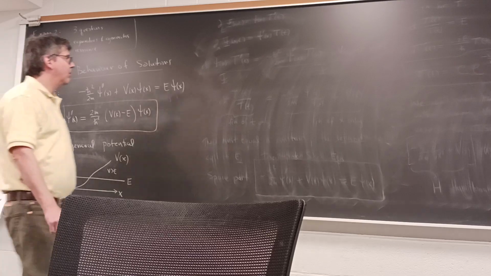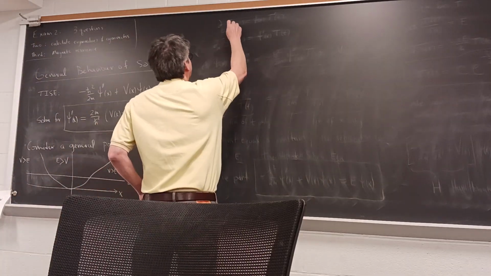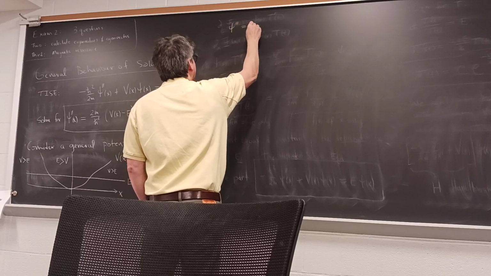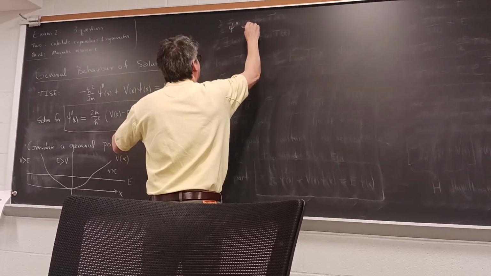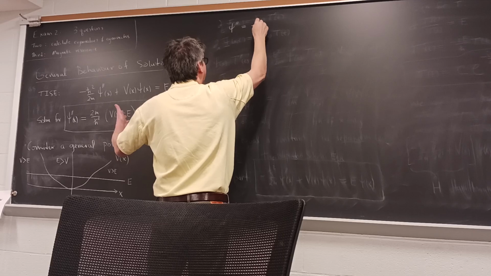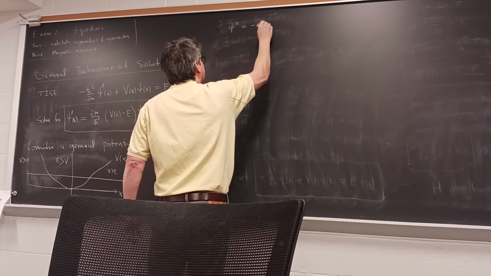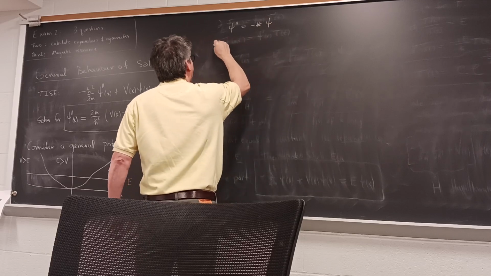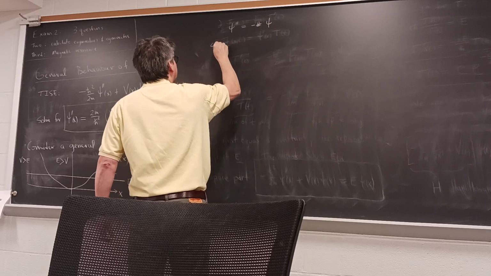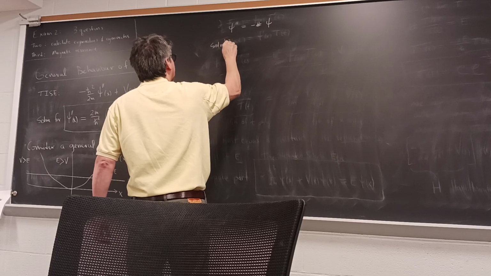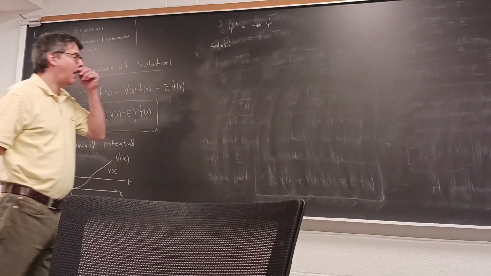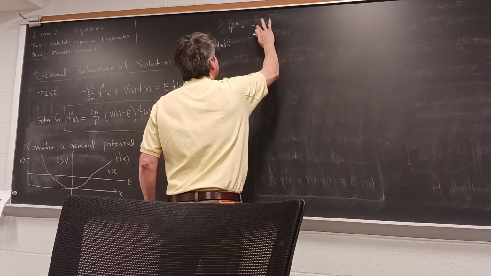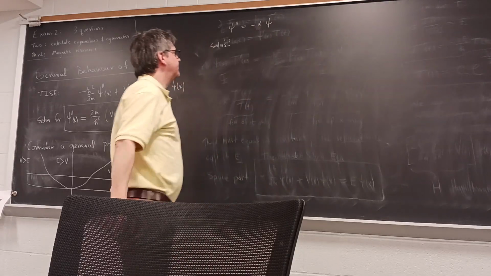So if we have psi double prime equal to minus some number times psi, what kind of solutions are there? Let's say it's minus alpha squared.